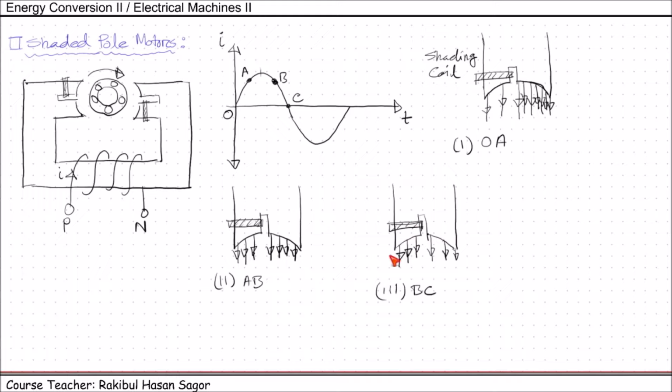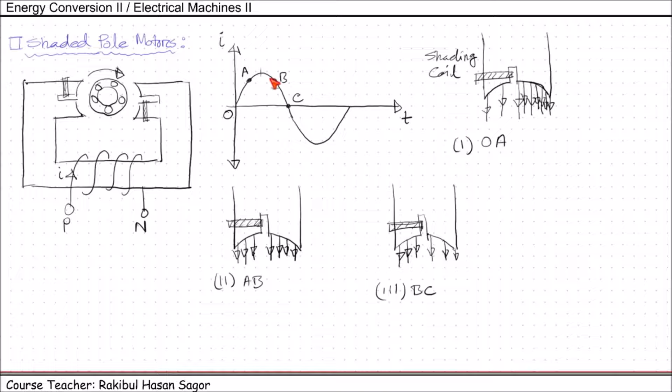So the shaded pole will oppose the change; though current is reducing, magnetic flux will not be reduced, because instantly this shaded pole will oppose that change. So there will be higher concentrated magnetic flux in the shaded pole side than the non-shaded pole side, because the shading coil is opposing the decrease in current. So we'll have higher concentrated magnetic flux in the shaded pole side and lower concentrated magnetic flux in the non-shaded pole side.